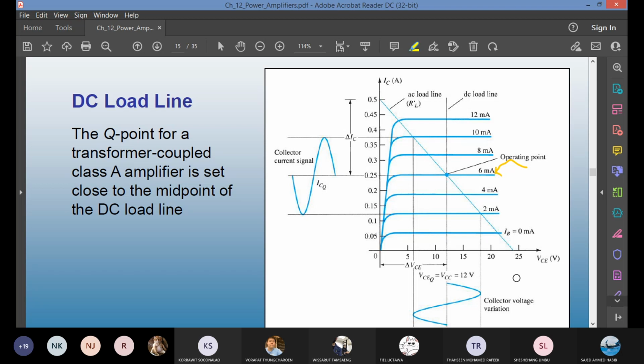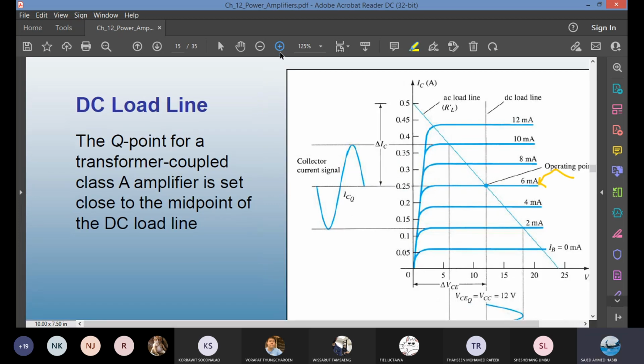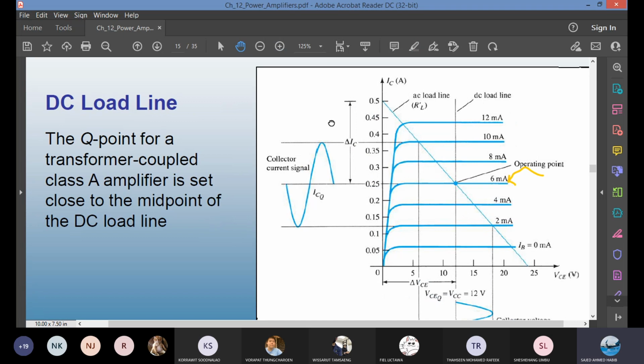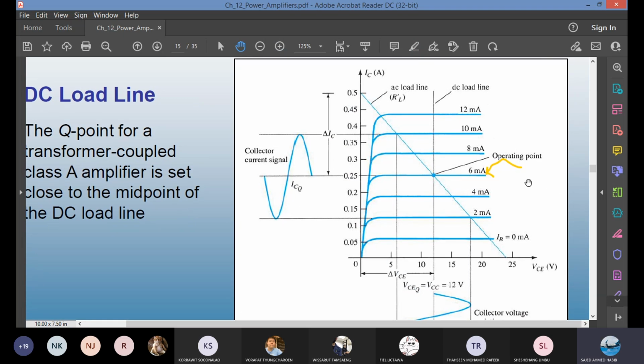But then there will be another piece of information in the problem. If I translate back into an exercise problem, it will say given IB is 6 milliamp and a base current swing of 4 milliamp.